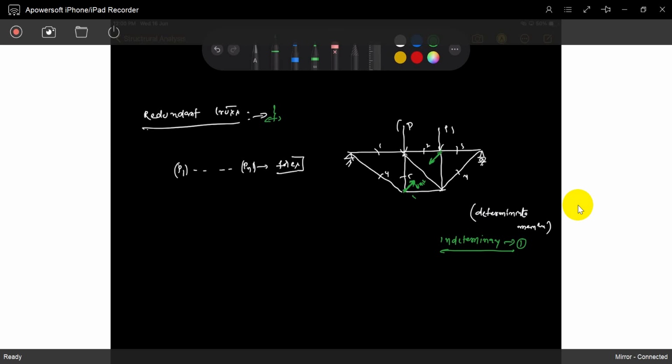So calculate it. For this K1, for this Kn, for one unit force.